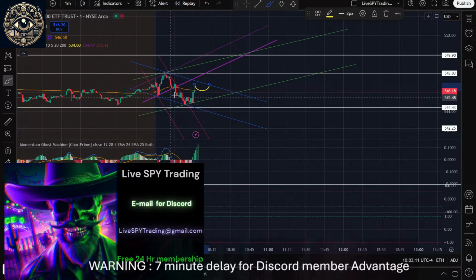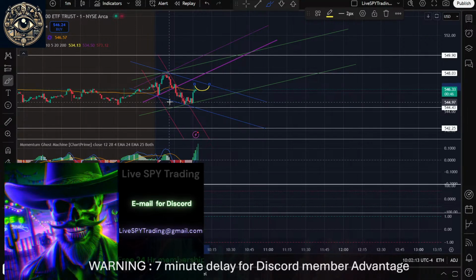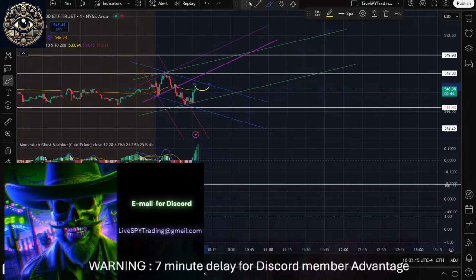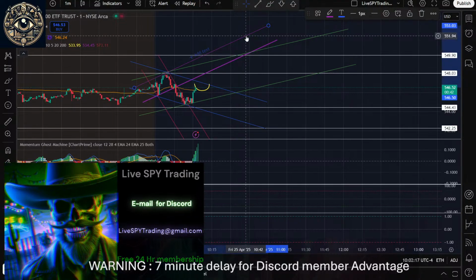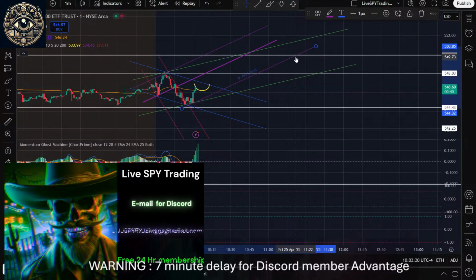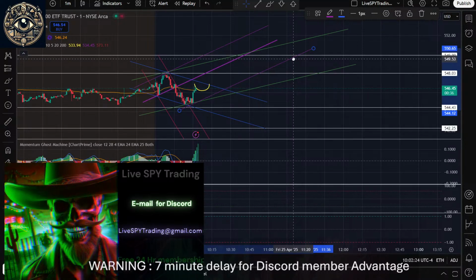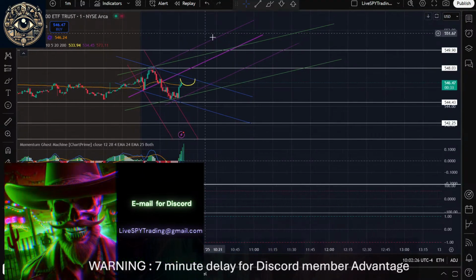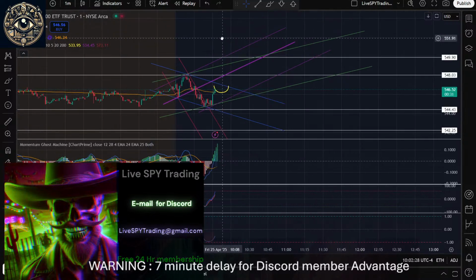I'm not sure about this magenta. I'm trying to make it work, but I think I'm forcing it. I need another up.